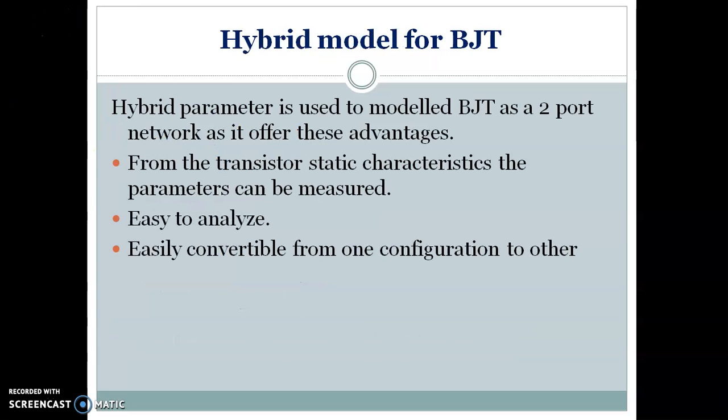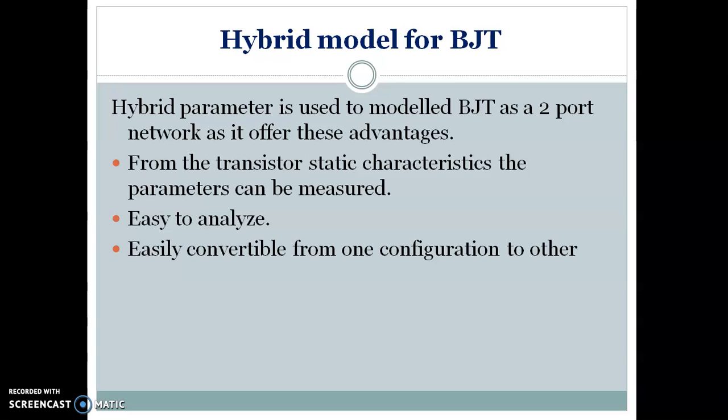So the hybrid model, or hybrid parameter model, is alone chosen to model BJT amplifiers. The reason is that it has many advantages, a few of which I have listed here. From the transistor input and output characteristics, these parameters, H11 the input impedance, H12 the reverse voltage gain, H21 the forward current gain, and H22 the output admittance, can be easily measured.